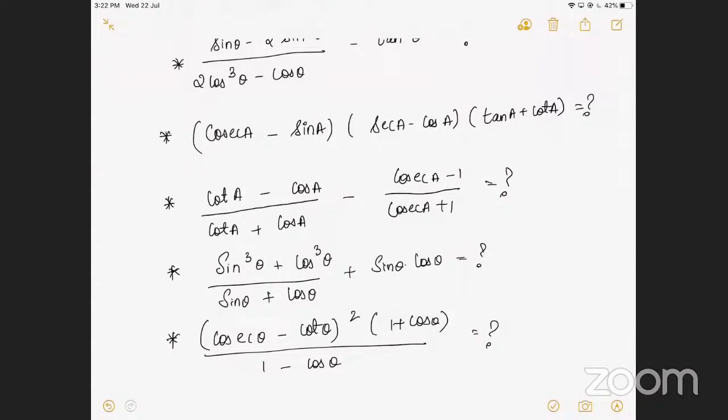Everybody got the first one? Yes, sir. Let me explain the first. Zoyab? Yes, he Adit is not there. Okay. Adit, can you explain me the first one? Adit?